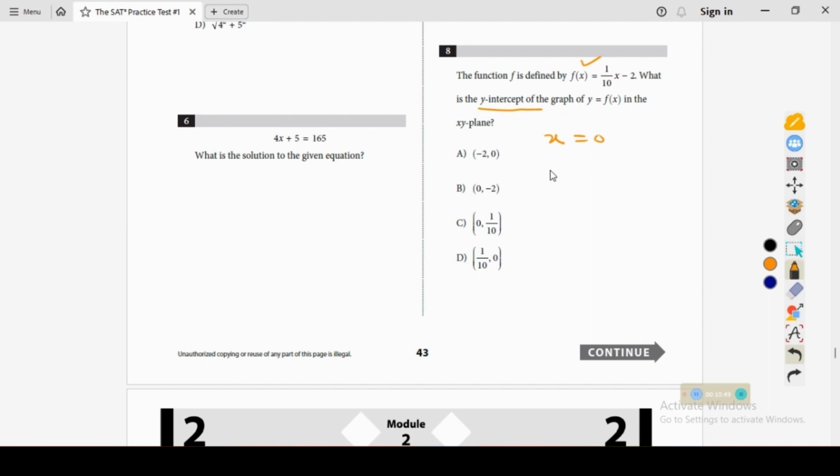Then this function becomes f of x equals 1 by 10 times 0 minus 2. So the value of f of x will be minus 2, and the ordered pair will be 0 and minus 2. So B is the correct answer.